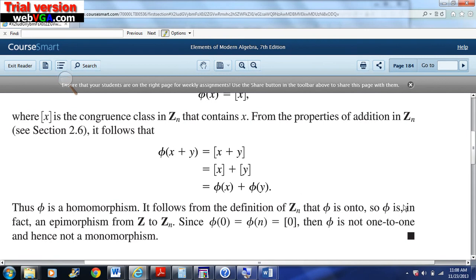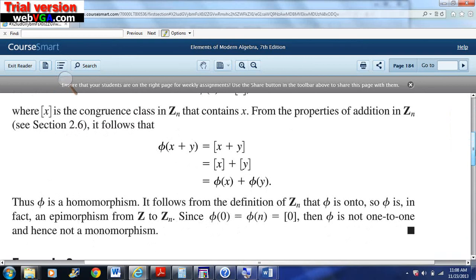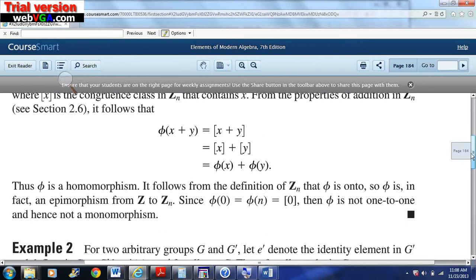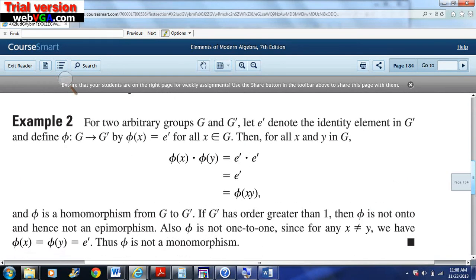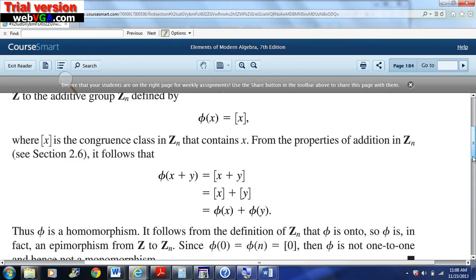So since phi is onto, we can go back and read the definition. Look what we said for onto. Oh, over here it is.